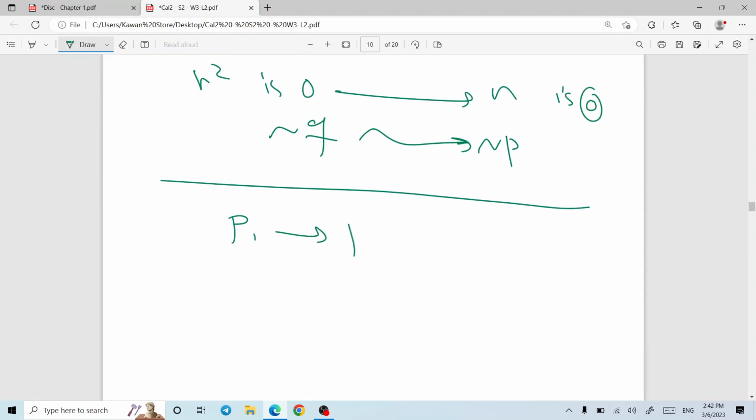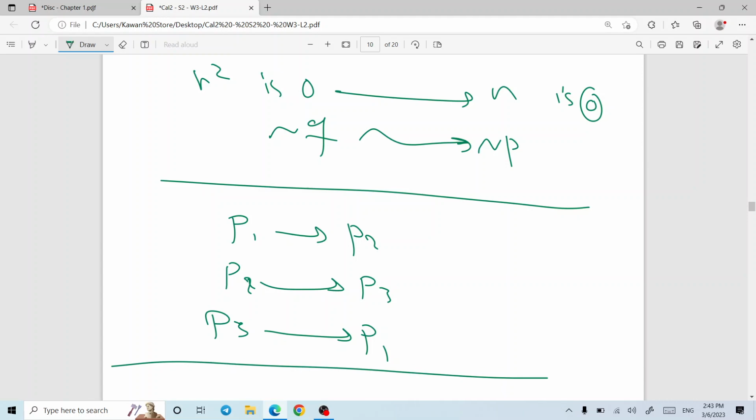P1 to P2, then later show P2 to P3, and like a cycle, then P3 to P1. You should show me that when we have three equivalent statements. Understood? 1 to 2, 2 to 3, 3 to 1.